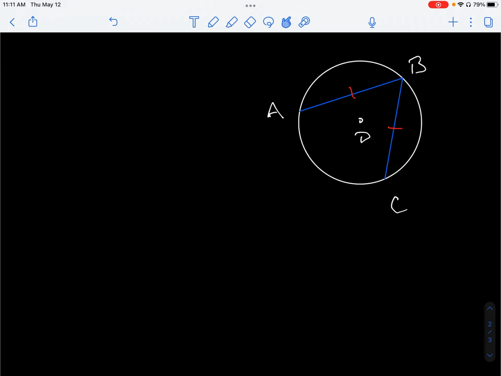Let's look at another example. Here we have circle D, and segment AB is congruent to segment BC.